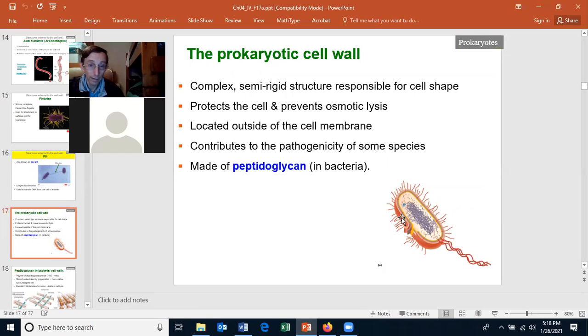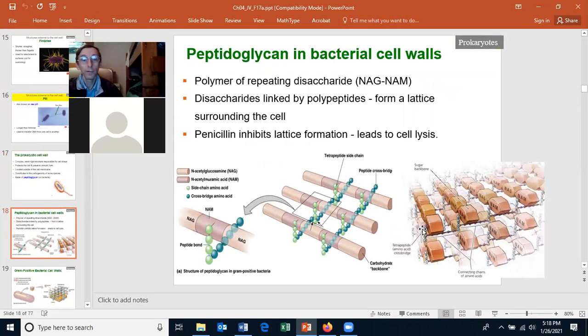In bacteria, the cell wall is mainly made up of peptidoglycan, and we'll talk a little bit more about peptidoglycan in just a minute. Any questions about any of that? No questions, move on.